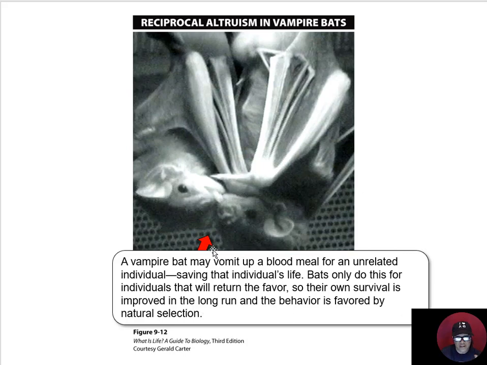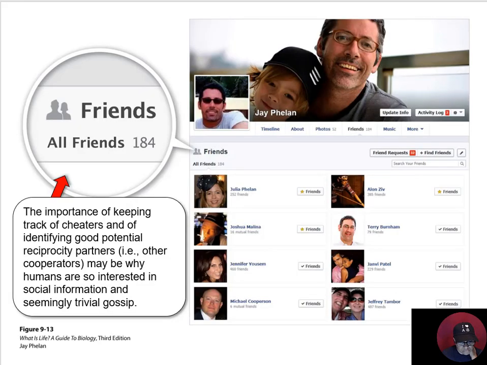So if there's a bat that's just like, yeah, no, I'm not trying to help you tonight, then the next time that same situation happens to that bat, that bat will starve to death and basically not make it to go on to produce other bats that are selfish, right? So this is reciprocal altruism, helping the other individual.